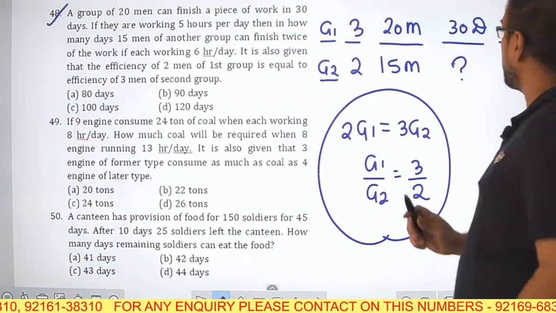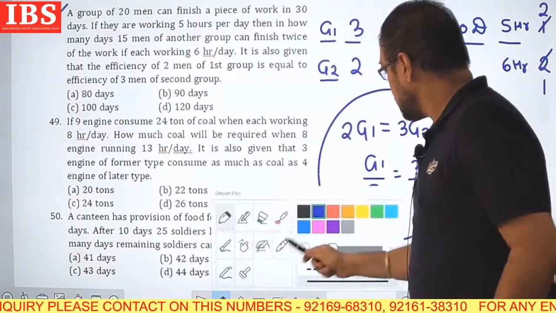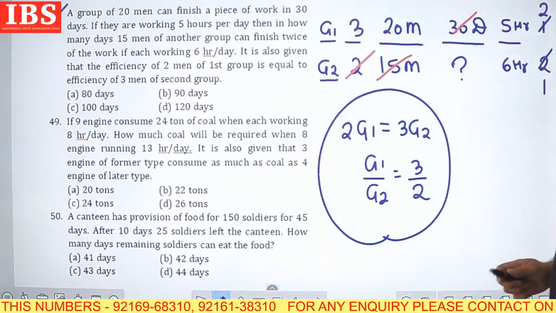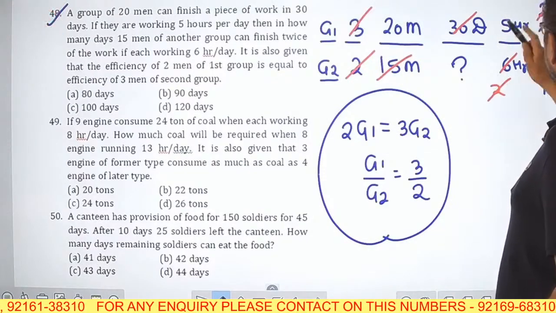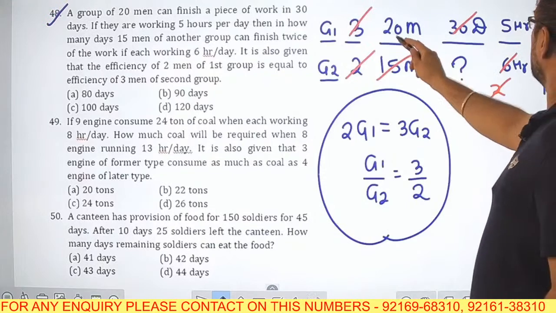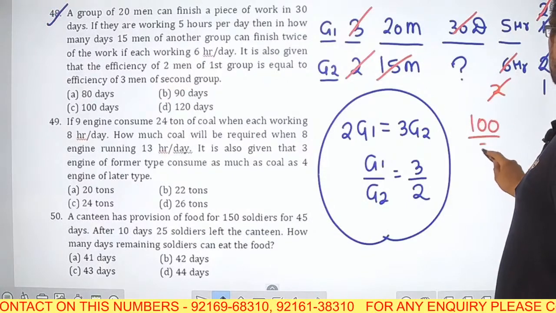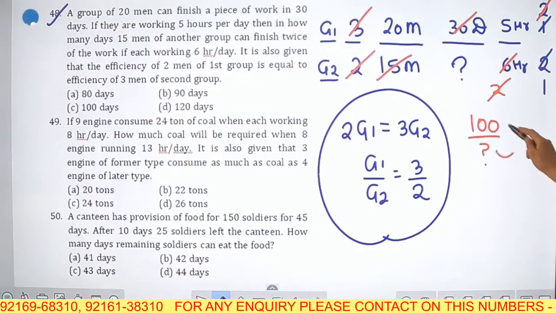So 15 into 2 becomes 30, this is gone, and 3 2s are 6 and 2 2s, it's gone. Everything is done. Now we have 100 upon question mark left. So question mark will be equal to 100.